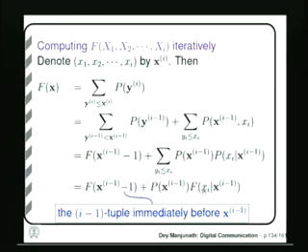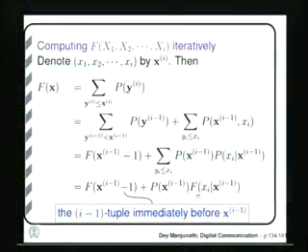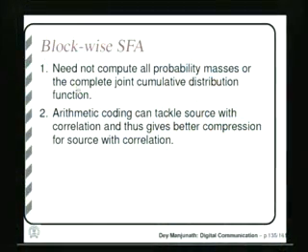Suppose xi is 1, then you need to compute the cumulative distribution function value only at that point. So the conditional cumulative distribution function at that point is sufficient. So you need not compute the whole probability distribution, which is required for Huffman coding, for example. We need not compute the whole probability distribution.